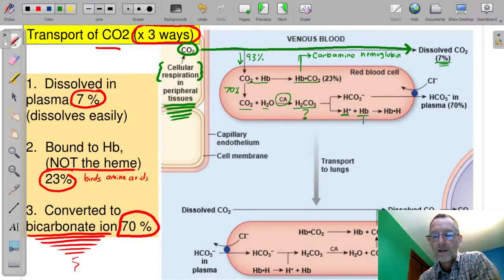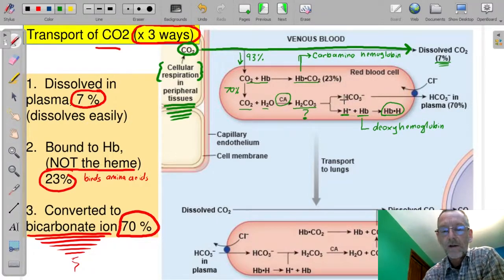This would be deoxyhemoglobin. It binds to the hydrogen, and then we go back. We're done with that. We go back to the lungs and get rid of it.